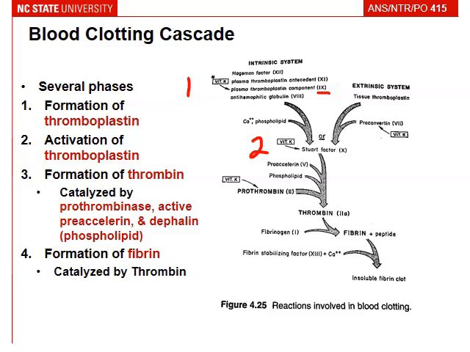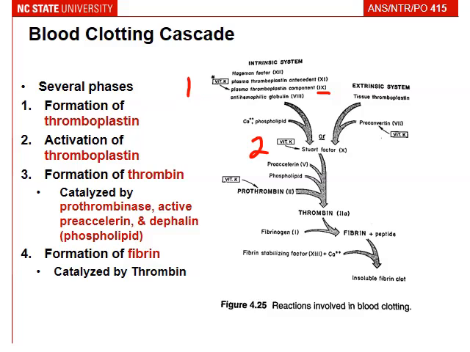And then we have the formation of the thrombin. So we add the proaccelerin and a phospholipid. You don't have to know the particular type of phospholipid, just know that we need active proaccelerin and a phospholipid to where we actually form thrombin.